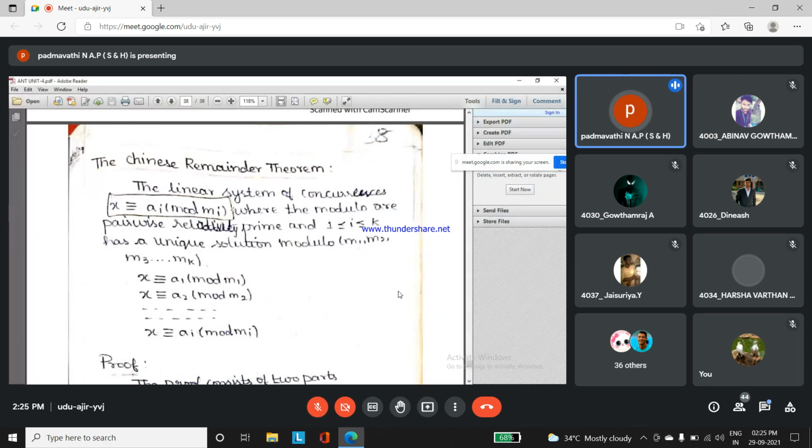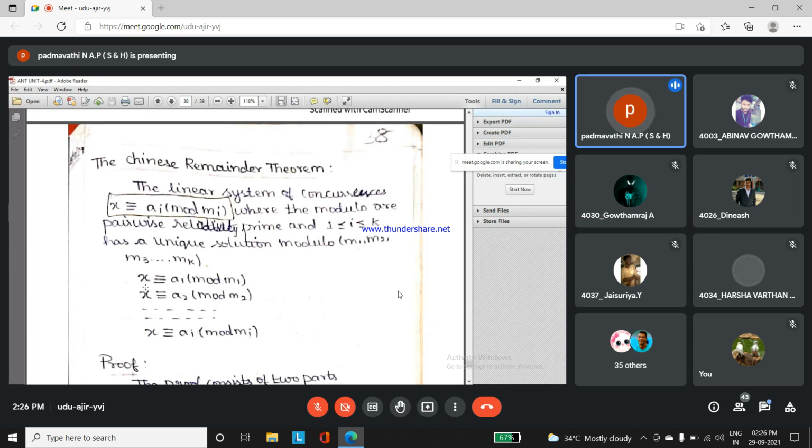Now the statement of the theorem: the linear system of congruences x is congruent to a_i mod m_i, where the moduli are pairwise relatively prime and 1 is less than or equal to i, less than or equal to k, has a unique solution modulo m1, m2, m3, etc., mk.